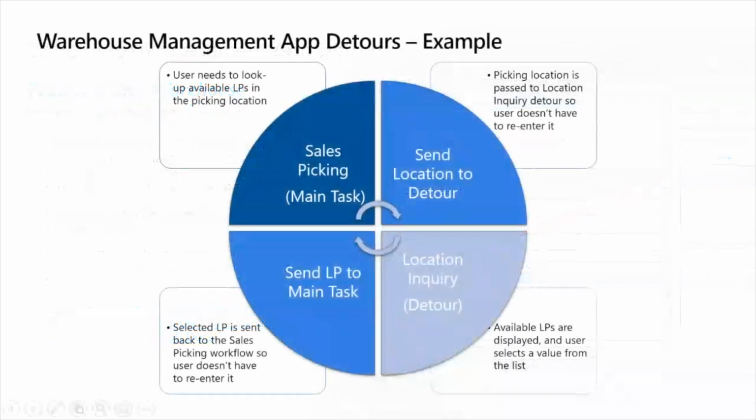So we're going to go through an example here before we jump into the live demo. As I mentioned, we're going to go through a sales picking task. So if we read this graphic from the upper left-hand quadrant and then around clockwise.